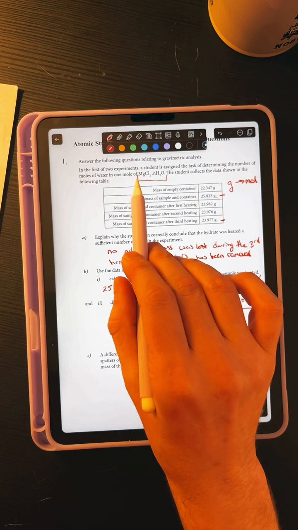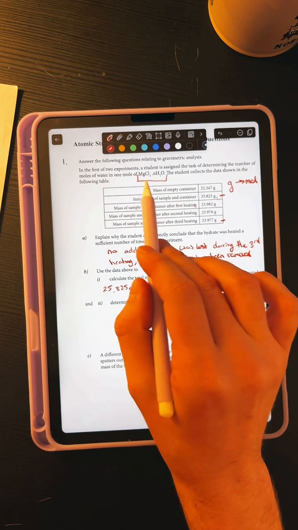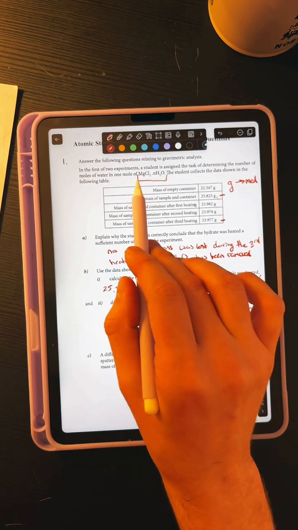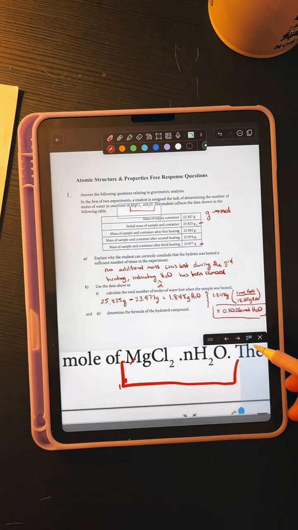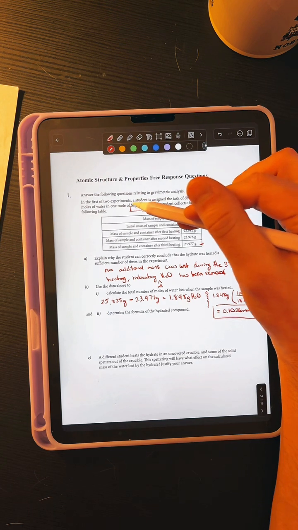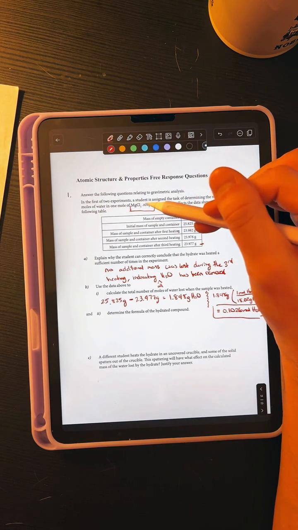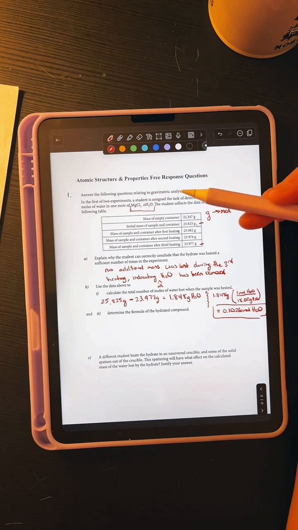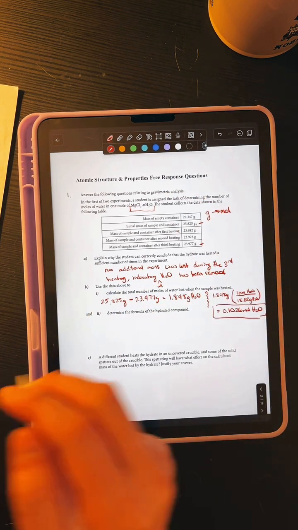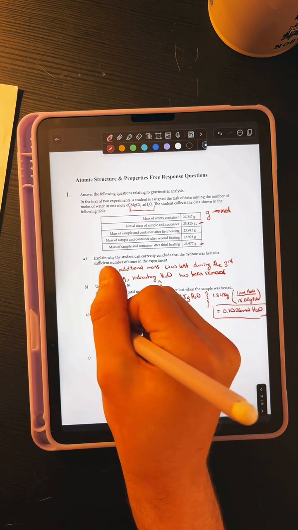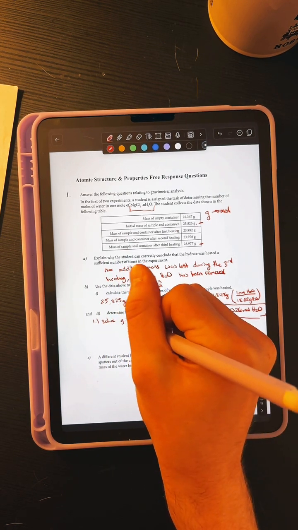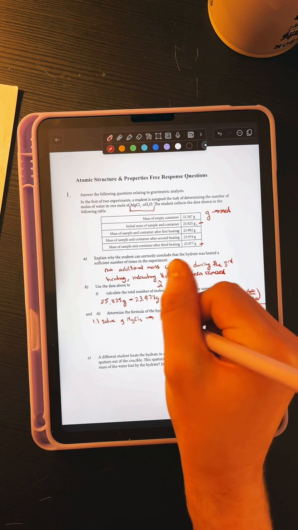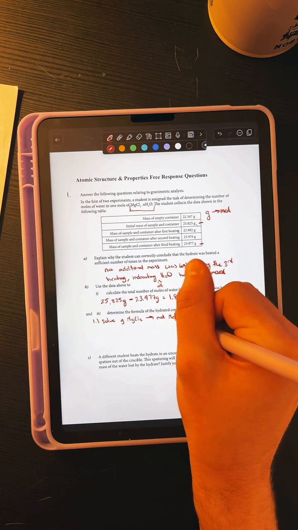Since we want to solve for N, we're really looking for the molar ratio between magnesium chloride and water. Now, how do we find a ratio? Well, we need to compare the amount of moles. So the first thing we're going to do is solve for grams of magnesium chloride and convert that into moles of magnesium chloride.